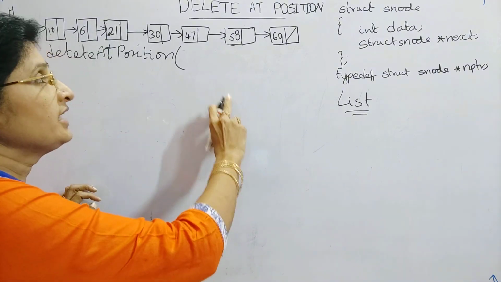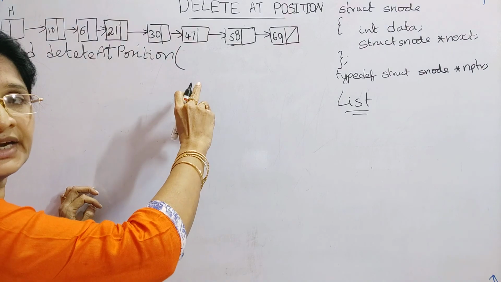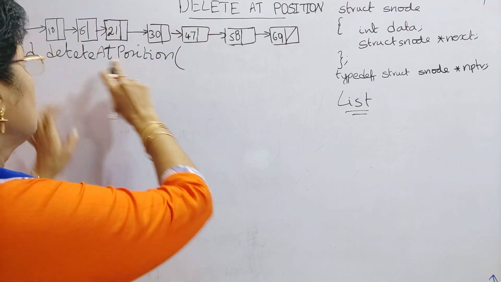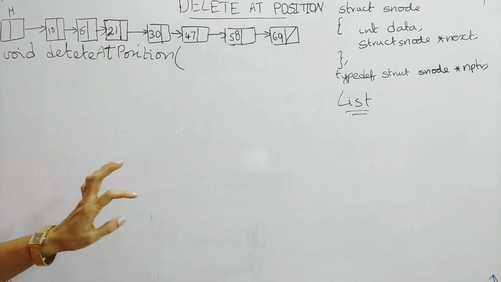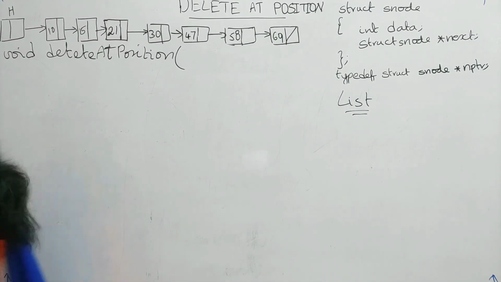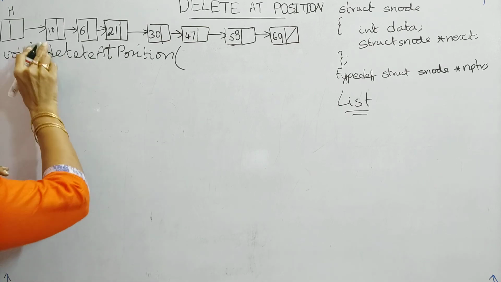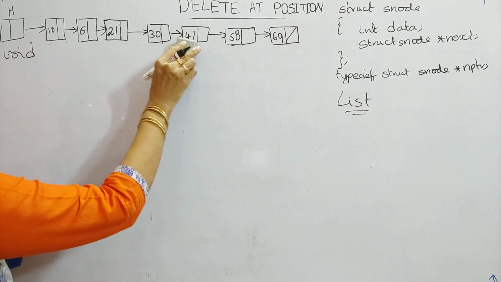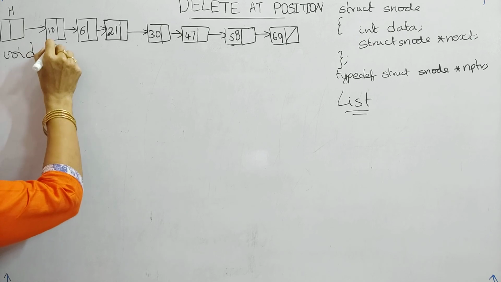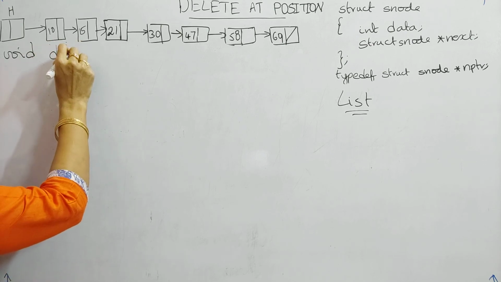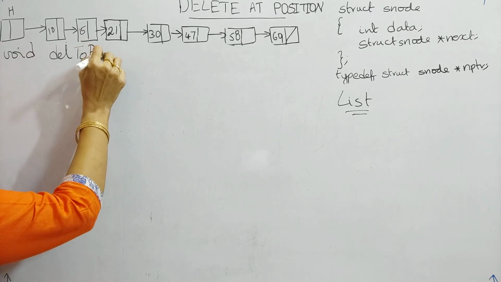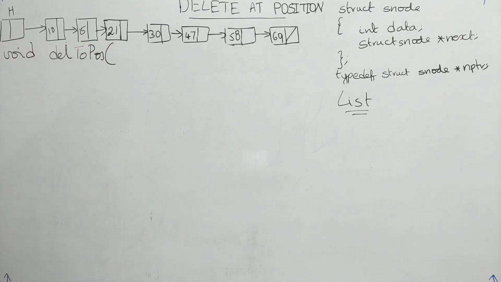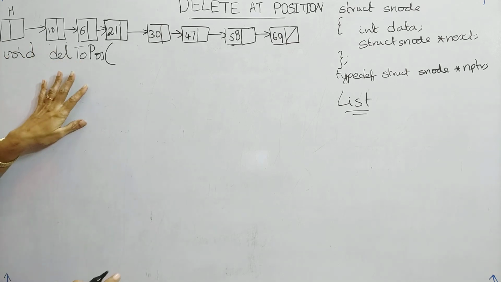So I am deleting at some particular position, and that I have given as the function name. If you feel that the function name is too lengthy, you can write a short name also. You can give del for delete, 2 for to, and for position you can give POS. Like that also you can give the function name, because it can be any valid identifier.